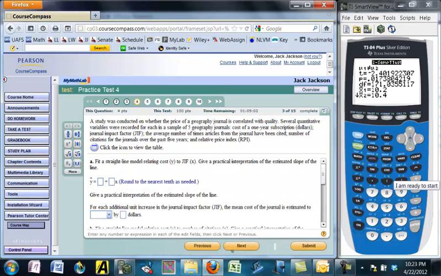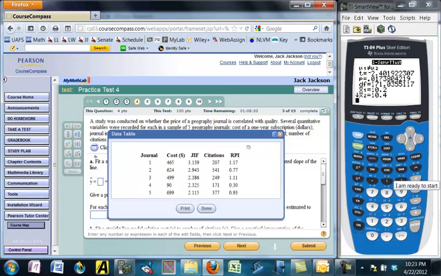Okay, so we have a study that is conducted, on some kind of journal, on whether the price of a journal is correlated with the quality. Several quantitative variables were recorded in each of the sample of 5 geography journals: cost of a 1-year subscription, journal impact factor, the average number of times an article from the journal has been cited, number of citations, and a relative price index.